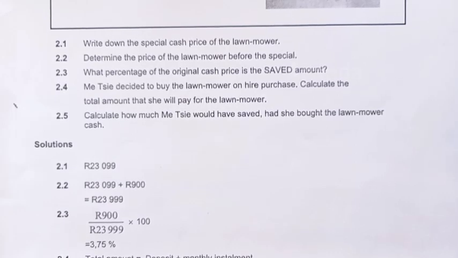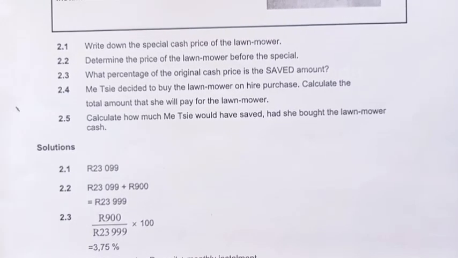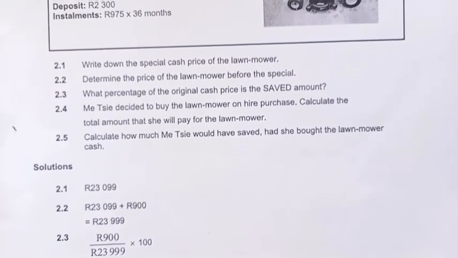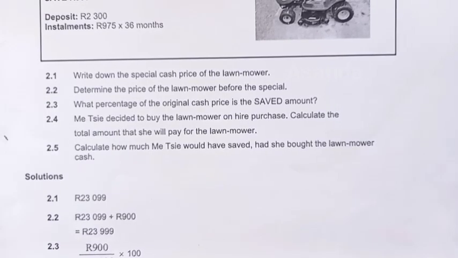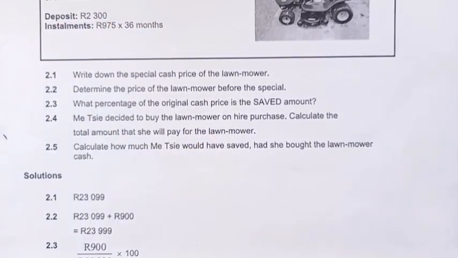Metsi decided to buy the lawnmower on a hire purchase. Calculate the total amount that she will pay for the lawnmower. So, the total amount she will pay if she buys on credit. She's going to pay first the deposit of 2,300. We already know she has to put that down. And then the month ends, and she pays 975. Another month ends. So how many times is she going to do that? 36 times.